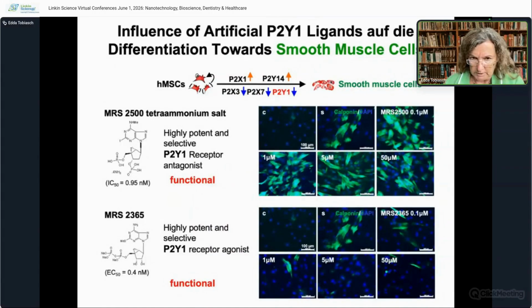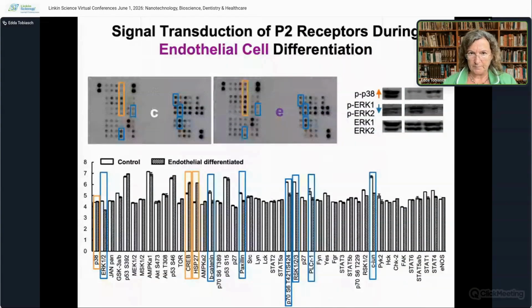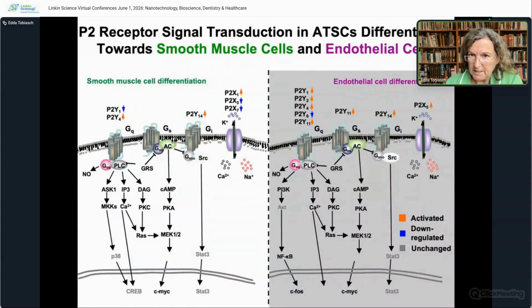Of course, we were interested in how purinergic receptor signaling enhances endothelial cell differentiation. So we used an array and looked at different signal transduction pathways. To make a long story short, here is a scheme, one on the right side for the endothelial cells and on the left side for the smooth muscle cells.